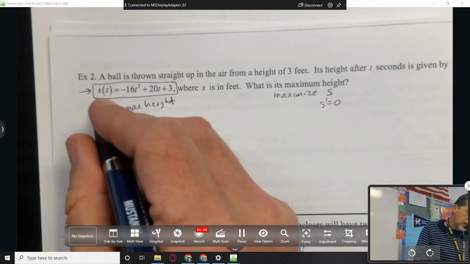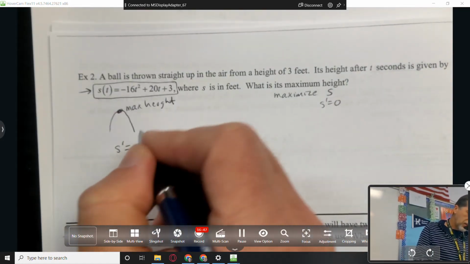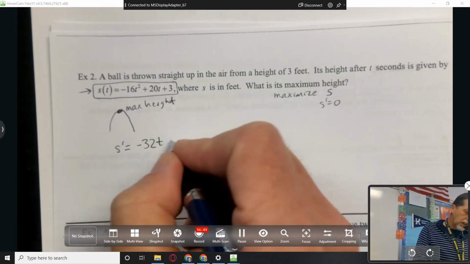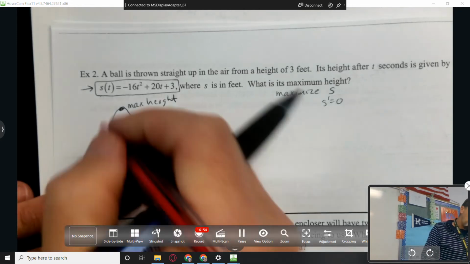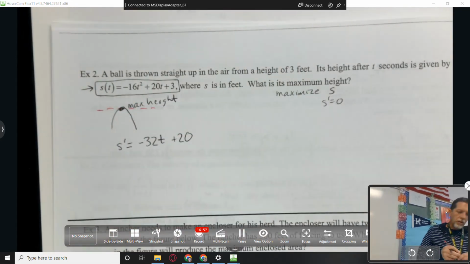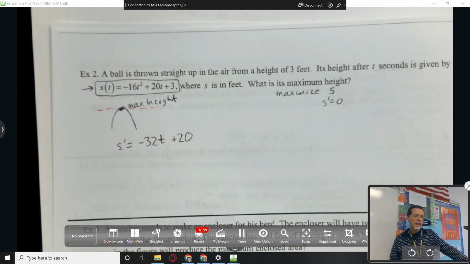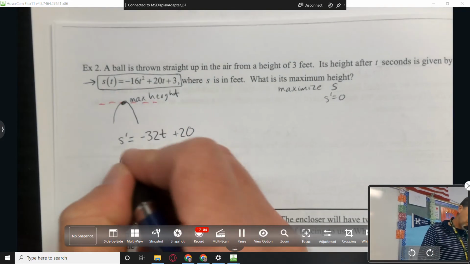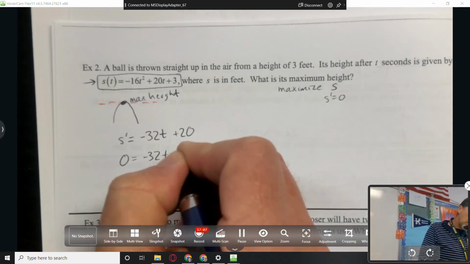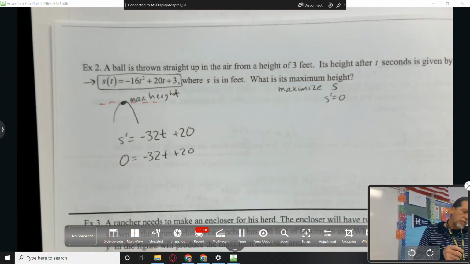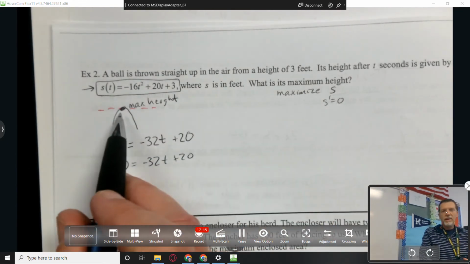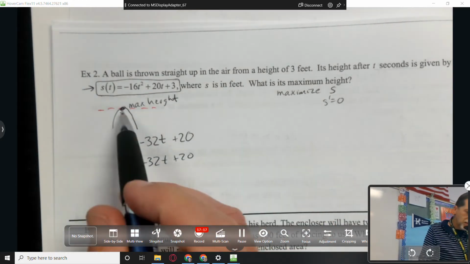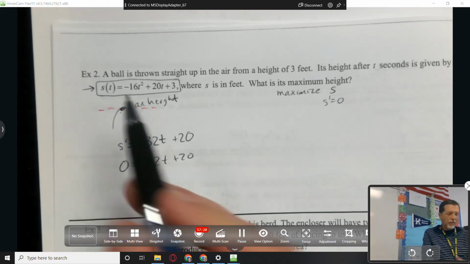Okay, so ds dt, or S prime, is negative 32t plus 20. Remember, I want to know where that tangent line is 0, where that slope is 0, because that's where it reaches its max. So I'm finding my critical number, and there aren't really any endpoints to worry about, because whatever we find for a 0 slope is going to be the max.